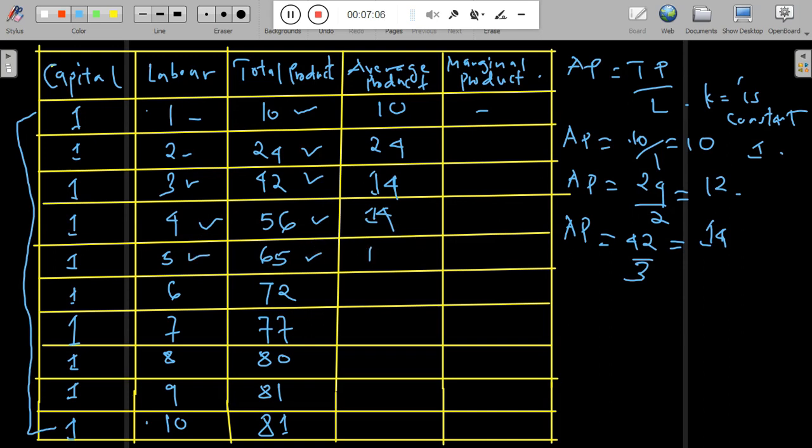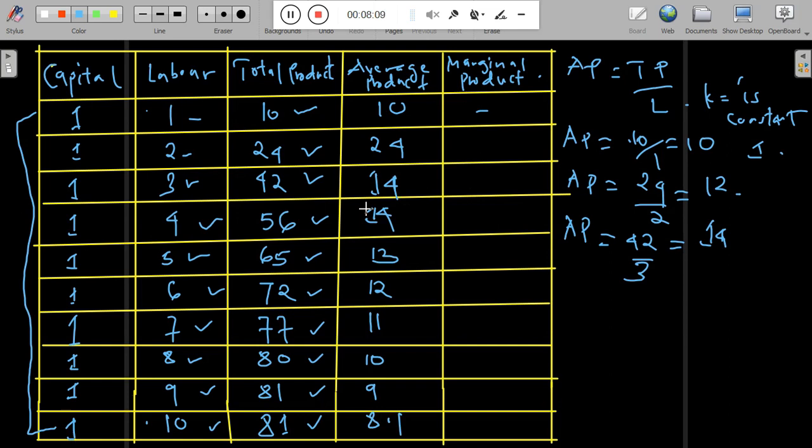Again, 65 divided by 5 equals 13. 72 divided by 6 equals 12. 77 divided by 7 equals 11. 80 divided by 8 equals 10. 81 divided by 9 is 9. And 81 divided by 10 gives us 8.1, as you can observe.